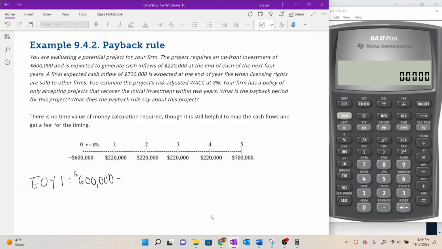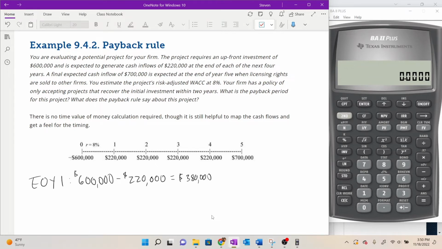We had $220,000 come in. And so we have $380,000 left to recover as of the end of year 1, once that 220 comes in.